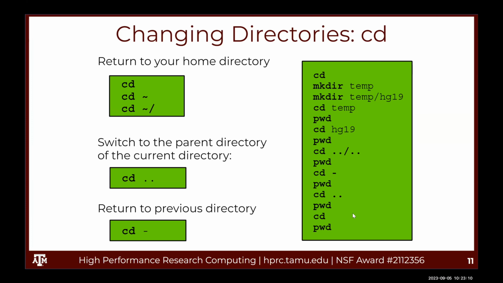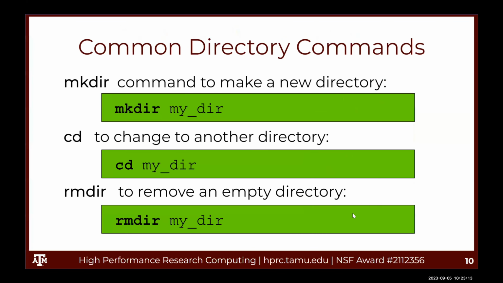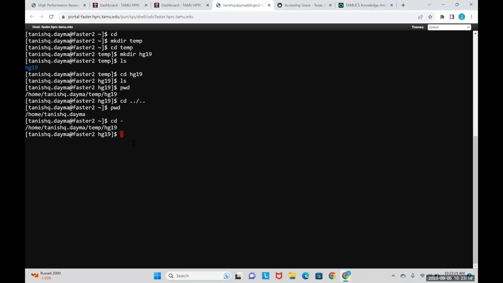Yeah, I think that's it. We've covered this. Also, this is something that I didn't cover before. If you have an empty directory and you just want to remove it, in this case, HG19 is an empty directory. First of all, I need to go one step back. Now I'm inside temp.